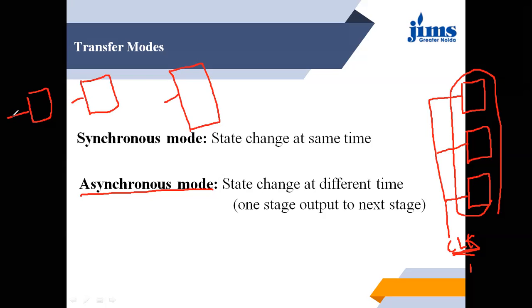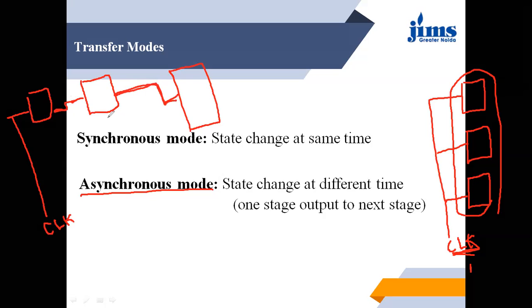Then the same clock pulse does not change the values of all the flip flops. Maybe this clock pulse is connected with the output of one flip flop, and the clock pulse of the next flip flop is going to connect with the next flip flop output.